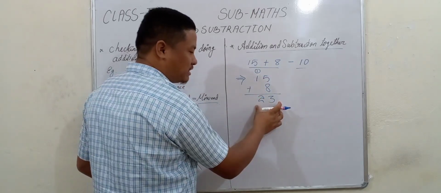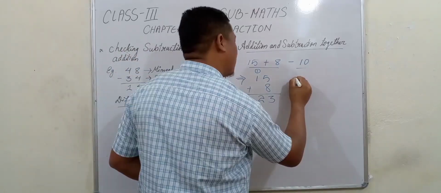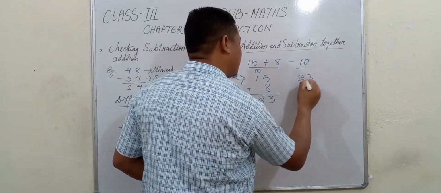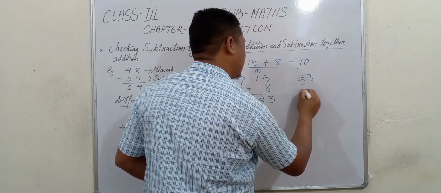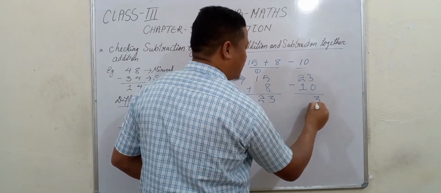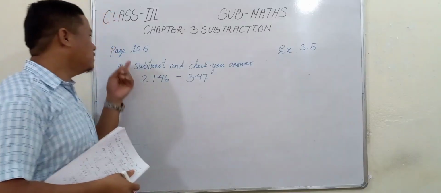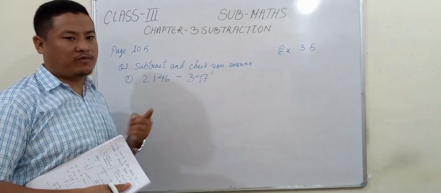Now we have the sum of these two numbers, 15 and 8, 23. From 23 minus 10: 3 minus 0, 3. 2 minus 1, 1.